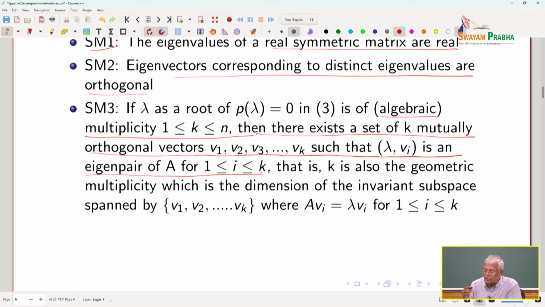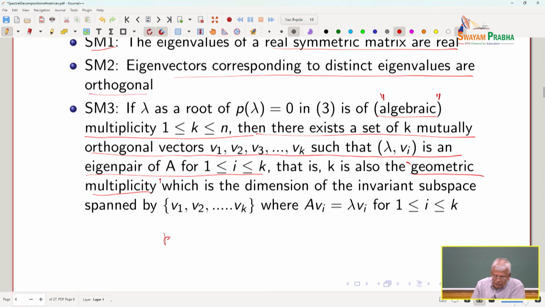So, I am going to introduce two kinds of multiplicity. One is called the algebraic multiplicity, another is called the geometric multiplicity. Algebraic multiplicity of a root is the number of times the same lambda is going to be a root of p(lambda).